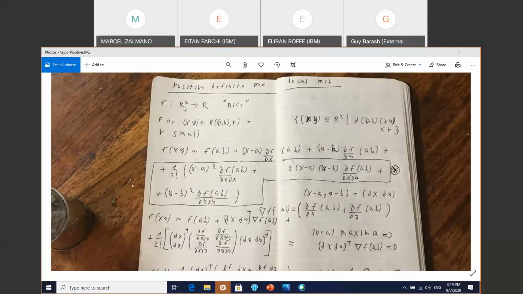So instead of R2, you have R. So what will the Hessian be in that case?